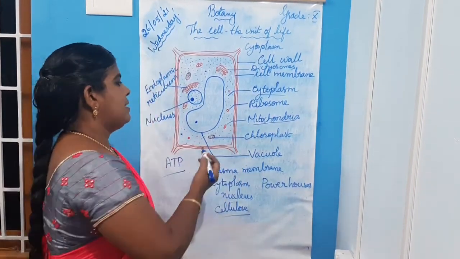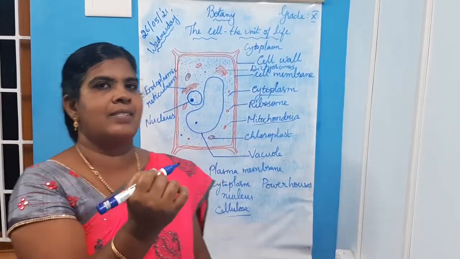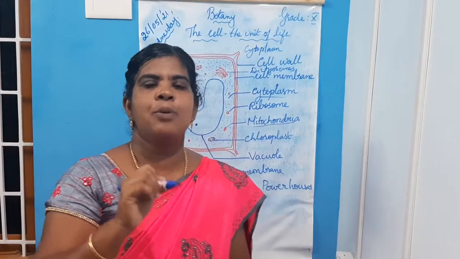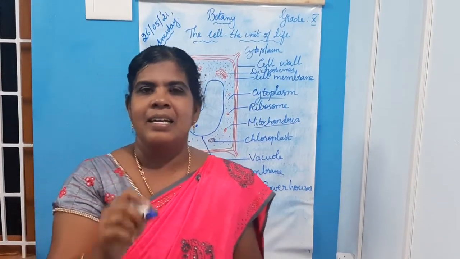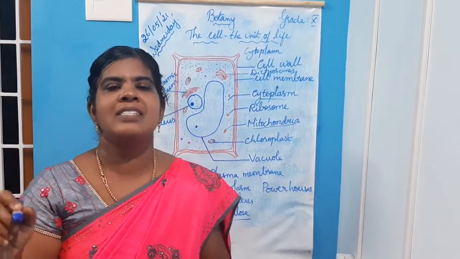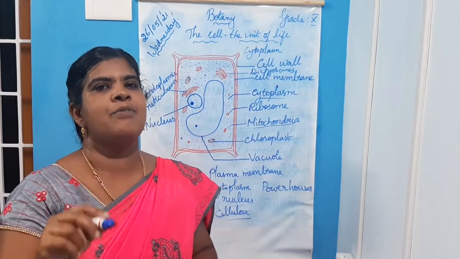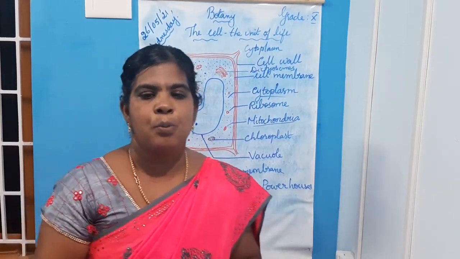Next, about plastids. Plastids are pigment-containing organelles present in the cytoplasm of plant cells. They are absent in animal cells. They give the coloration. The important plastid found in plant cells is the chloroplast.